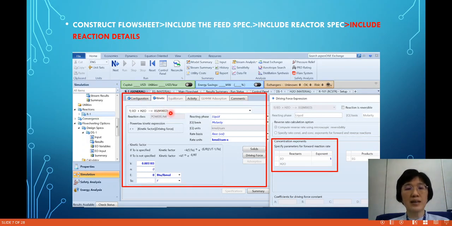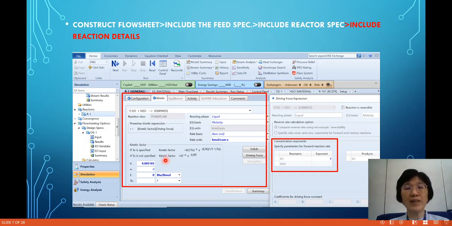Once you have done that, under kinetic section, you can choose this reaction, hydration of ethylene oxide, and include the details accordingly. So the unit given here is per second basis. We have chosen the 1 per second basis. So we have to change the unit for K value, the rate constant, to per second basis.